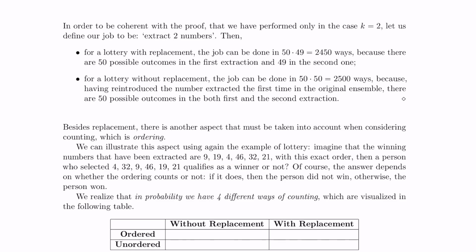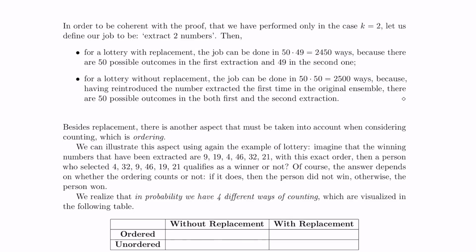Then we can ask ourselves, does a person who selected the same numbers but with a different order qualify as a winner or not? Of course, the answer depends on whether the ordering counts or not. If it does, then the person did not win. Otherwise, the person won.